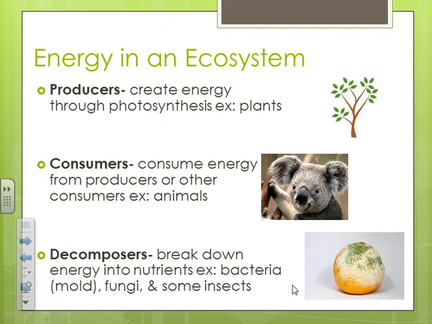Consumers can eat the producers or they can eat other consumers, depending on whether they are meat eaters or plant eaters, right? Decomposers break down energy into nutrients. Some examples of decomposers are your bacteria, your mold, your fungi. Some insects will help decompose.